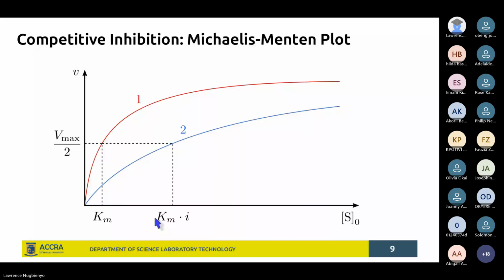Now, in competitive inhibition, when you have an inhibitor binding to an enzyme, if you introduce more substrate into the reaction mixture, that is, increasing substrate concentration, that substrate can go and displace the inhibitor, because it increases the probability of the enzyme binding to the substrate molecule.